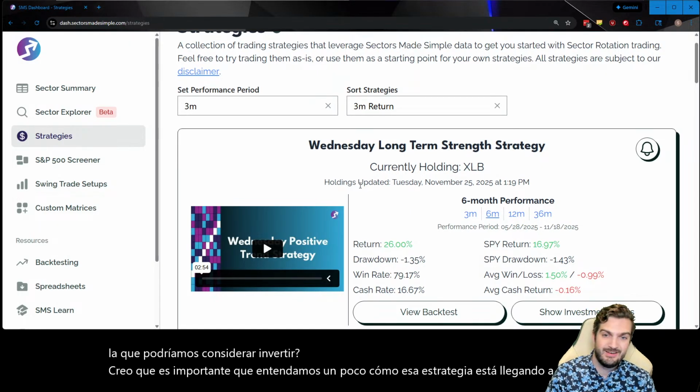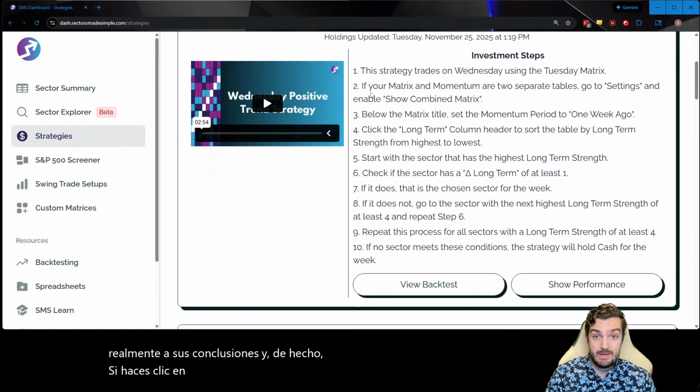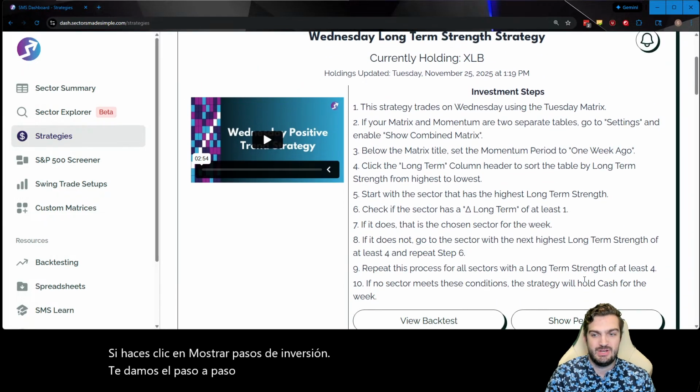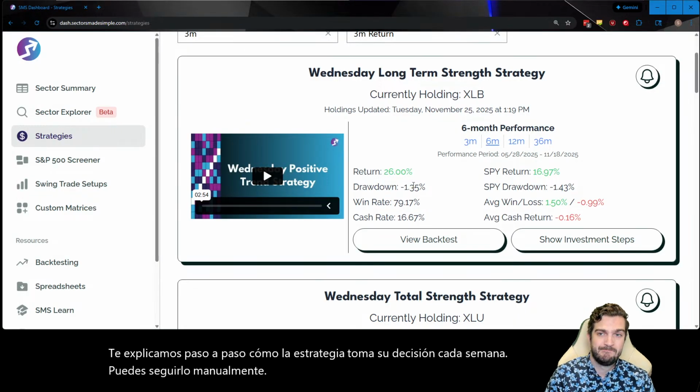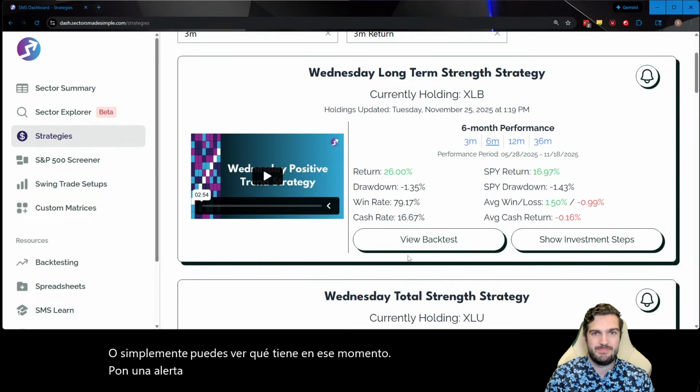And in fact, if you click Show Investment Steps, we give you the step-by-step of exactly how the strategy comes up with its choice every week. You can follow that manually, or you can just see what it's currently holding, set an alert to be notified when the strategy updates, and that's all you have to do.